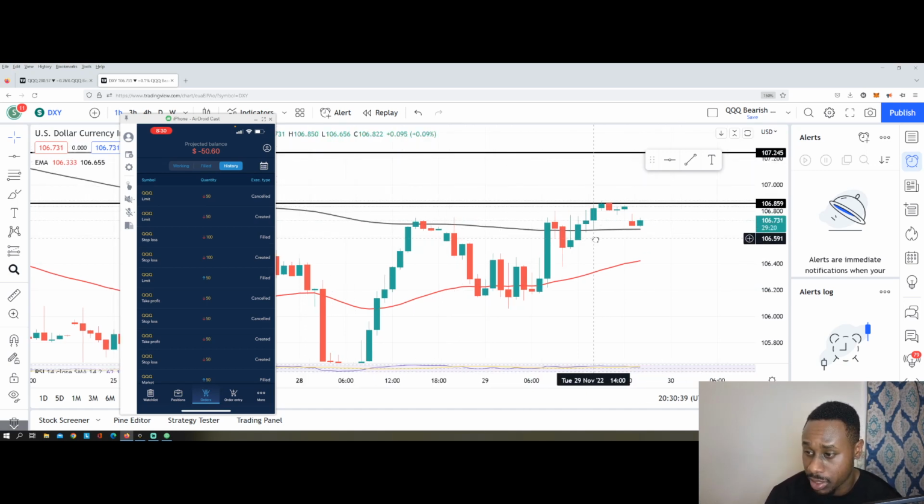Tomorrow is important. You have Jerome Powell speaking about the economic outlook, and that tends to have some big reaction in the market because he can give you a prediction of how he's going to hike rates or maybe pivot. If he's speaking about slowing the hiking of rates, that's kind of bullish for the markets.